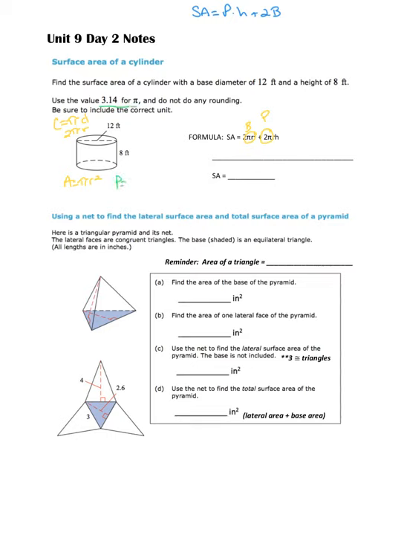Perimeter equals pi times the diameter. The diameter is 12. 12 times 3.14 equals, calculator time, 37.68.